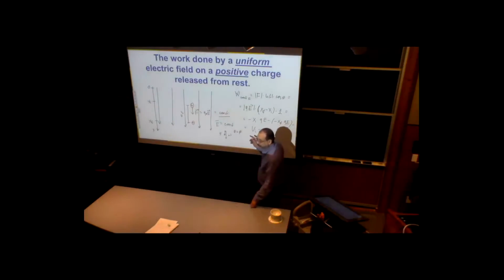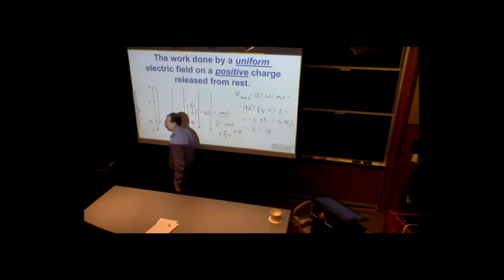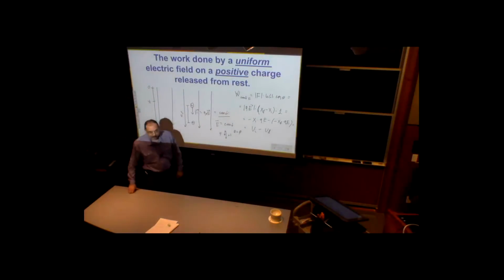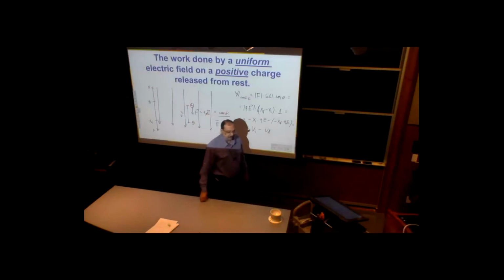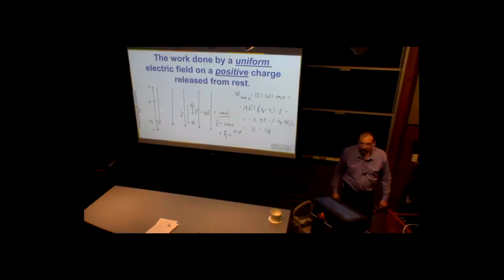Because if the work of a force can be calculated as something initial minus something final, that thing has a name: potential energy of that force. That's it. That is actually the official definition of potential energy. So, moving on.